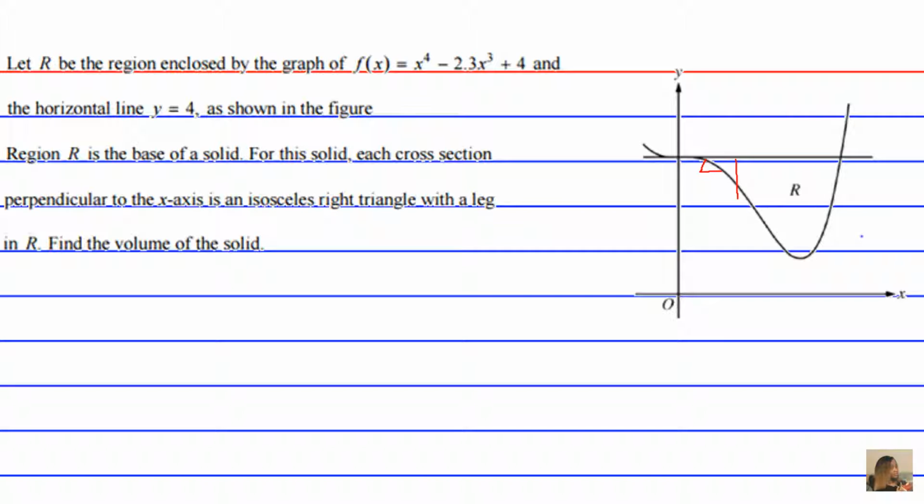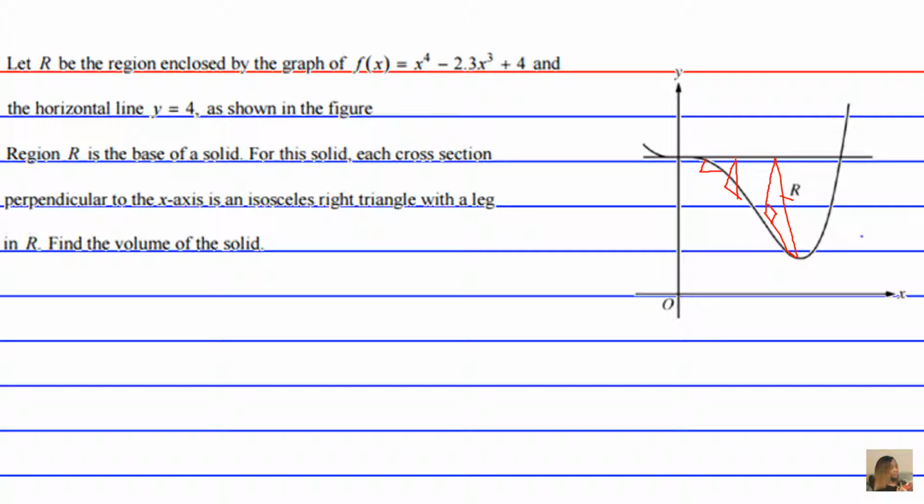So maybe it looks something like that. This is like a leg, and then you can't immediately tell. And there's a series of these the whole way through. So just imagine something like that, okay?